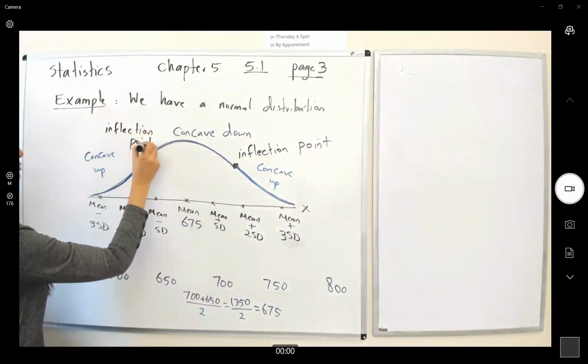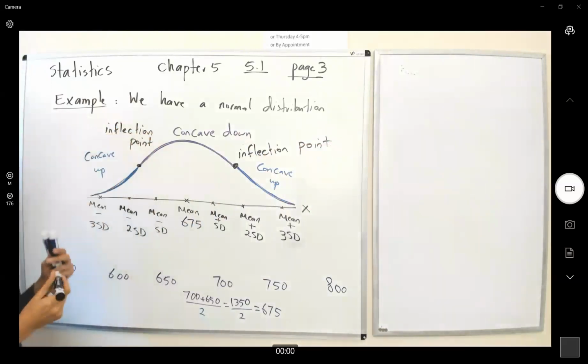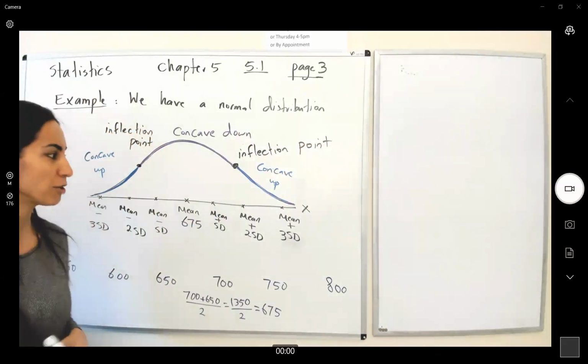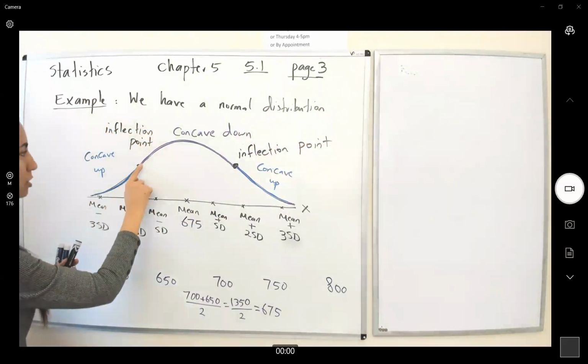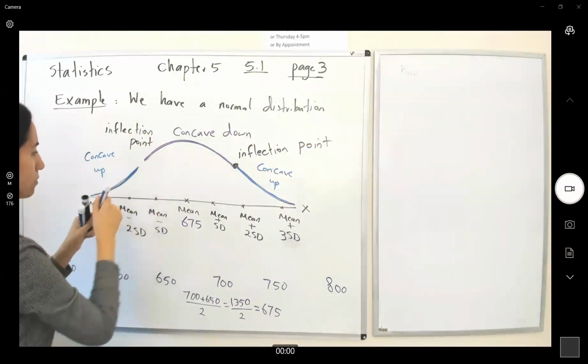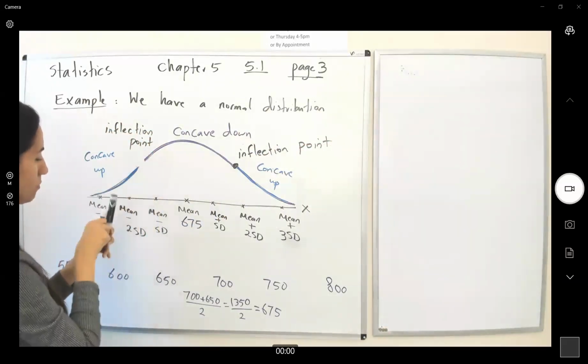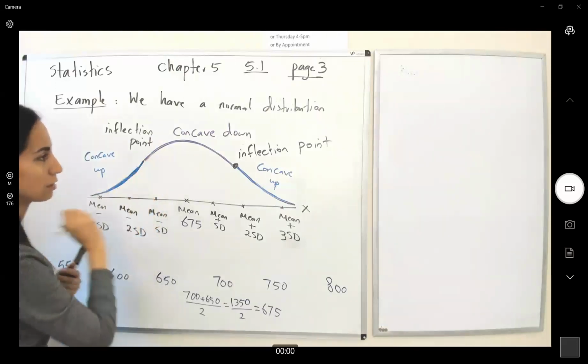So why are inflection points important for us? It happens that our inflection points are actually landing on mu plus standard deviation and mu minus standard deviation. So let me just move this a little bit up here to match our mean minus standard deviation.